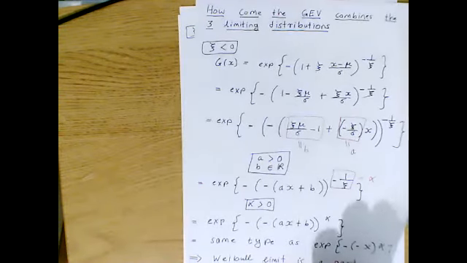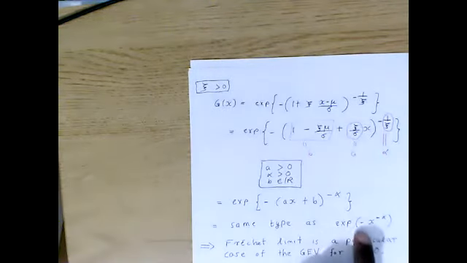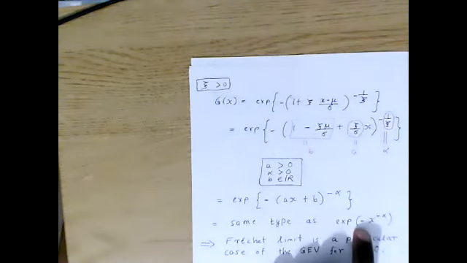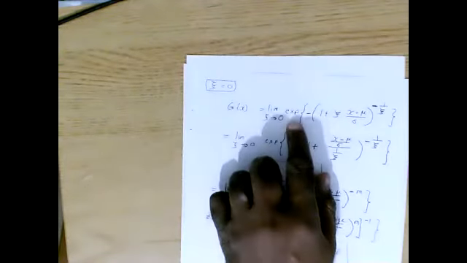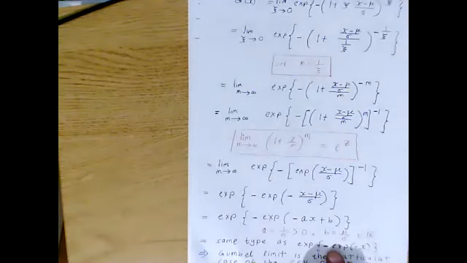And when psi is positive, this is of the same type as this one, which is the Frechet limit, you may recall. And finally, when psi is equal to 0, this is of the same type as this one, which is the Gumbel type, you may recall.